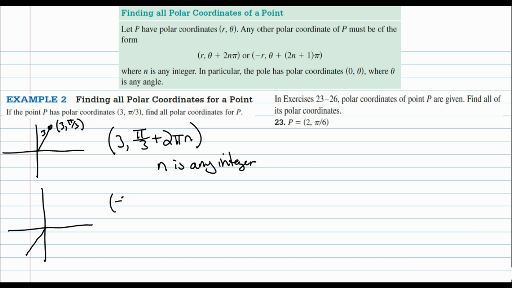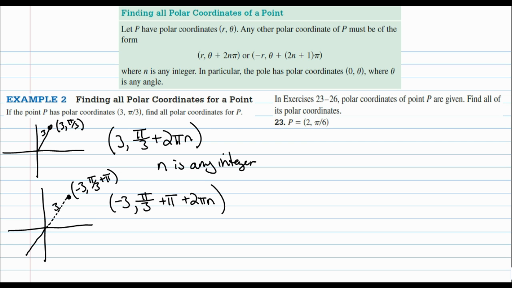So first of all, my r value is going to be negative, and then pi over 3 plus pi. I'm still going to end up in the same quadrant, the same distance away from the origin. There are also coterminal angles of that, so I have to add 2 pi n to that expression.